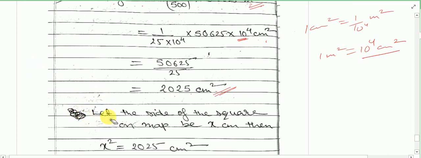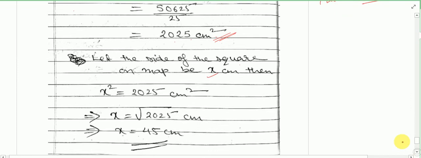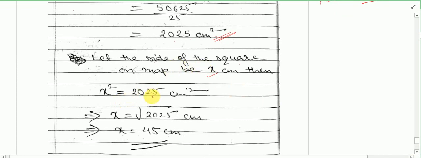So here let the side of the square on the map be x centimeter, then x square will be the area, or you can say area of model is equal to x square, that is 2025 centimeter square.